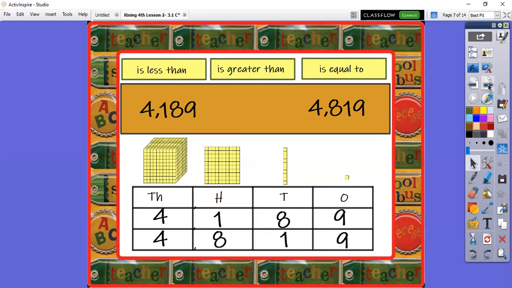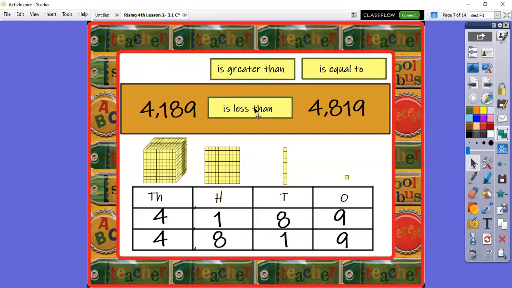So which phrase will we need to use? That's right. In order to make this statement true, I will need to use the phrase is less than. So I read from left to right, just like I would do with symbols. 4,189 is less than 4,819.